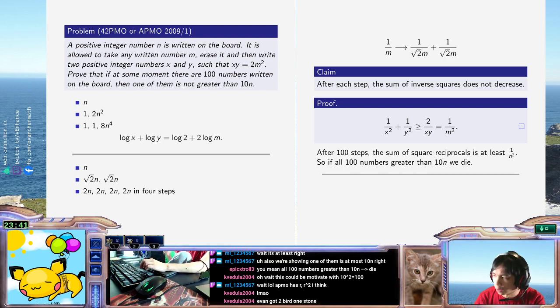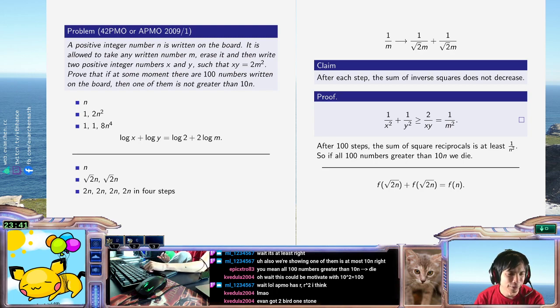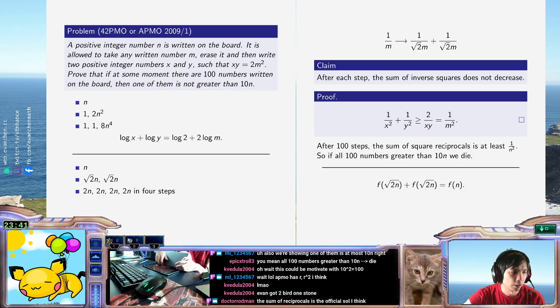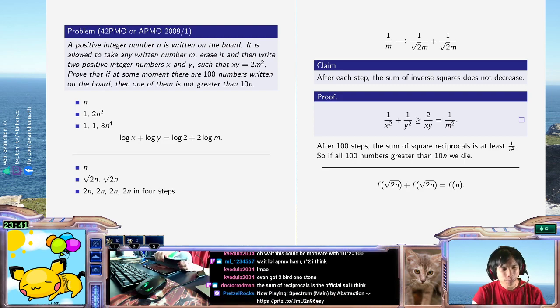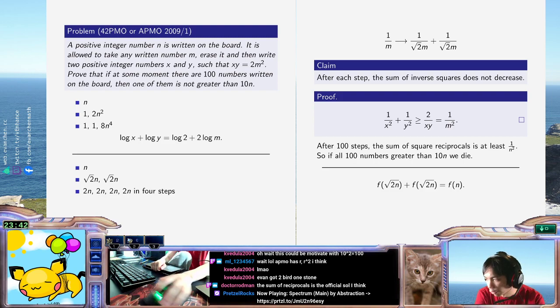Earlier we kept trying to use functions that also took into account the amount of time, and it was not helping. And if you require this, then sums of reciprocals is it, right?